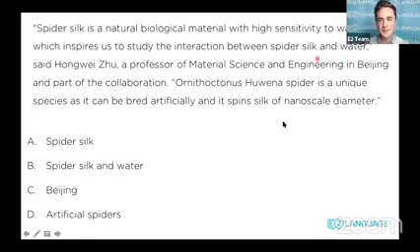So let's do this one. This one actually is probably slightly easier.